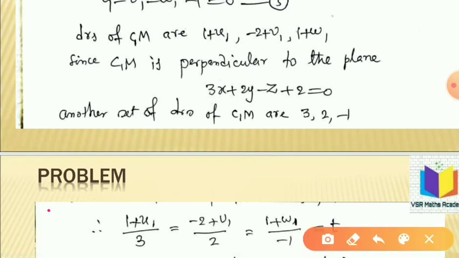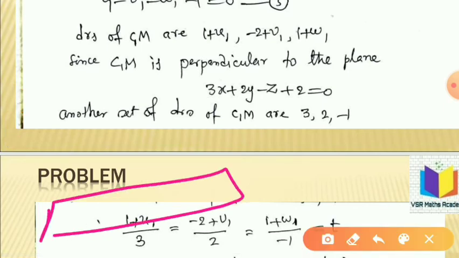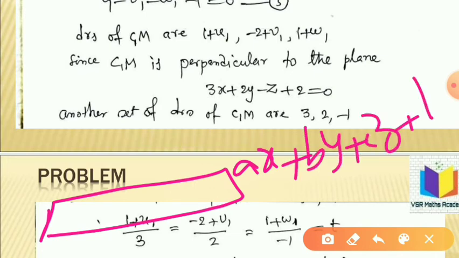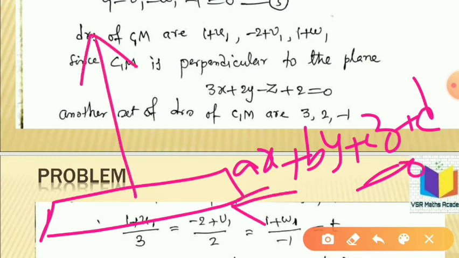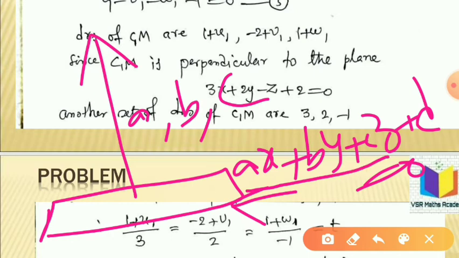Suppose that ax plus by plus cz plus d is equal to 0 is the equation of a plane. Then the direction ratios of the normal line to this plane are nothing but a, b, c, which are coefficients of x, y, z in this equation.